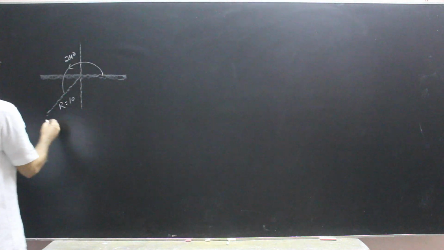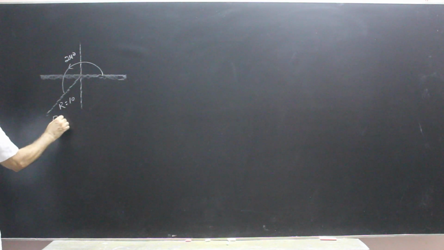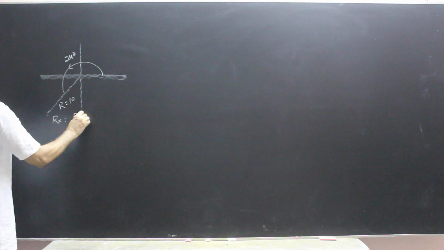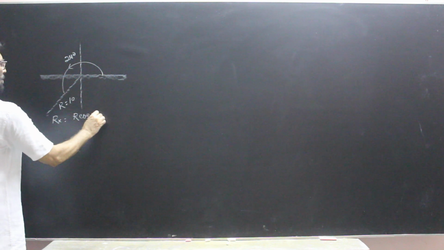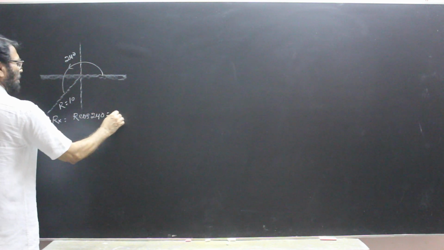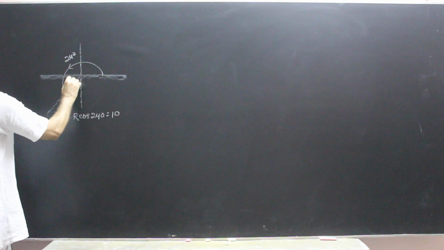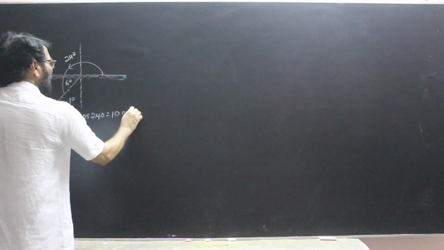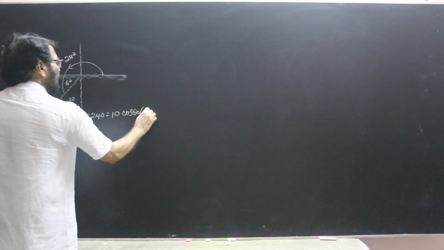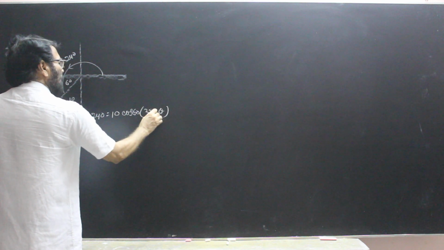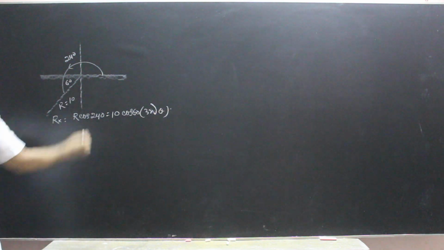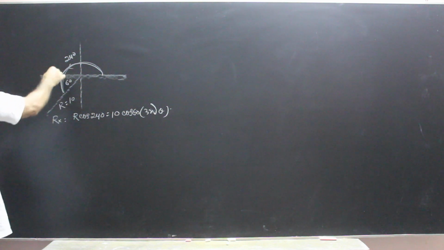So now Rx is r cos 240, that is 10 cos 60, and this is in third quadrant. 240 is 60 degree in third quadrant, and in third quadrant both sine and cosine are negative.